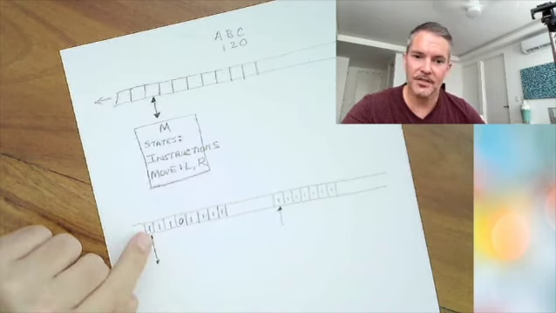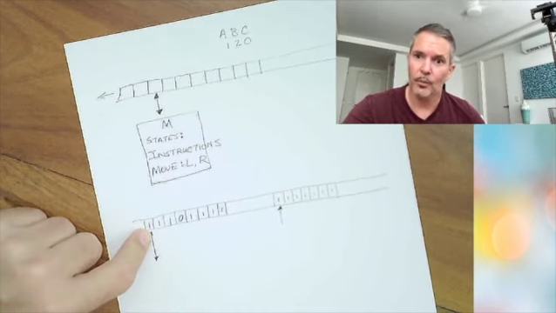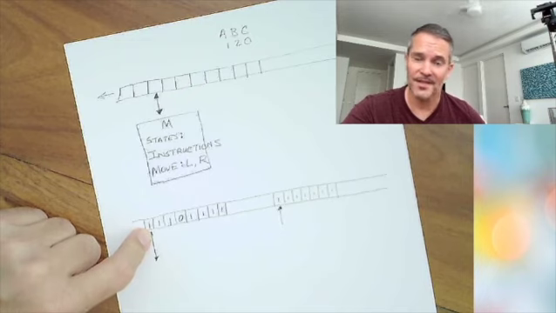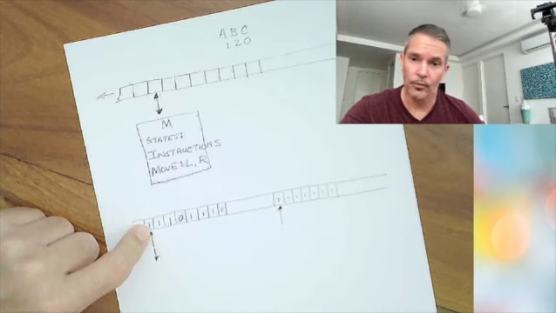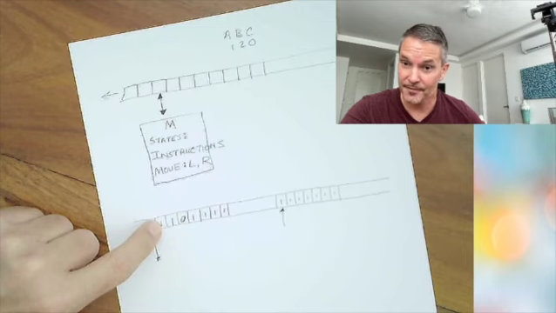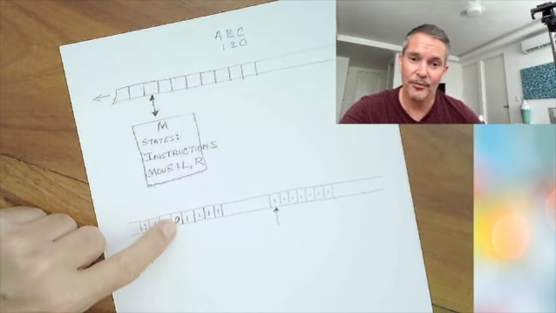So my machine's going to start up and it's going to see that it's looking at a 1 on the tape. And what I'm going to ask the machine to do is, hey, when you start up, if you're looking at a 1 on the tape, you're going to write a 0 and you're going to move left. And then you're going to keep moving left until you encounter a 0.